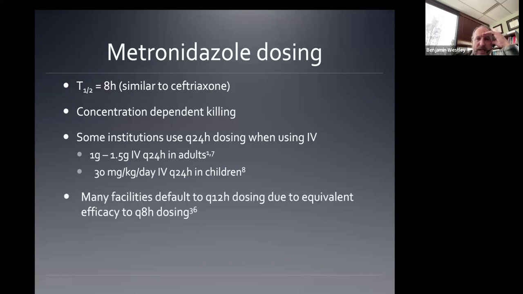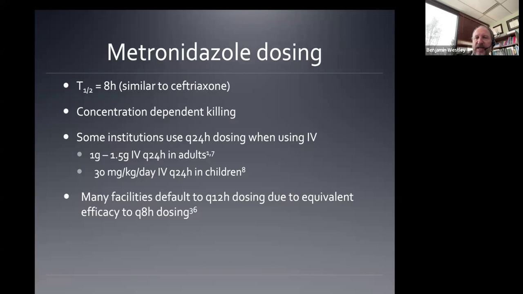What most of us are doing now is just defaulting the dose to every 12 hours. The reason is because there's several studies, I've linked one of them here, that show that the outcome with 1,000, so 500 twice a day, has similar clinical outcomes to 1,500 milligrams in adults.